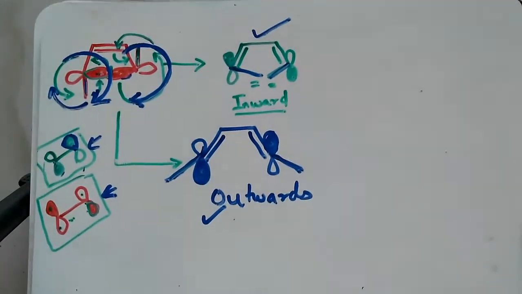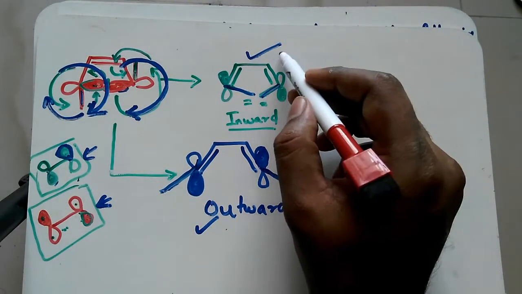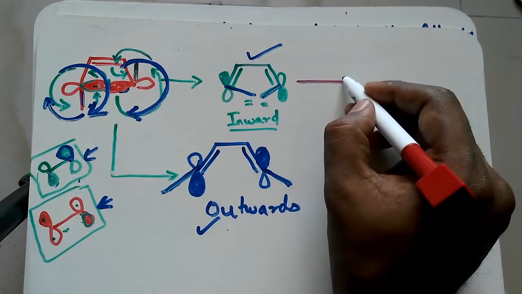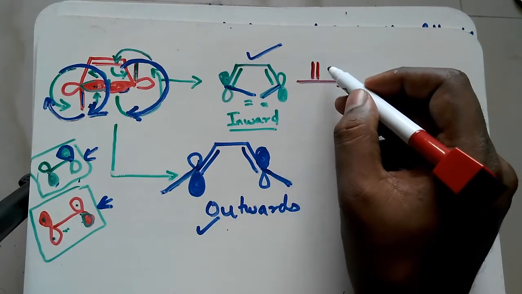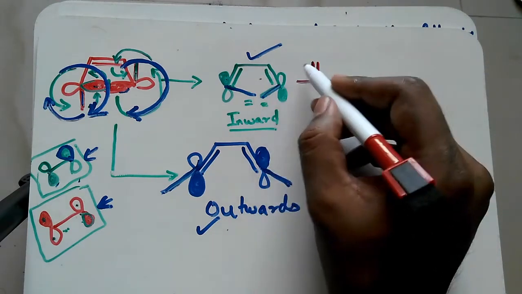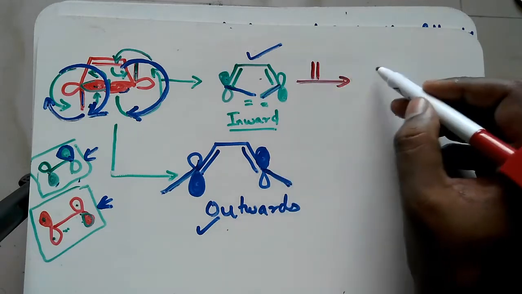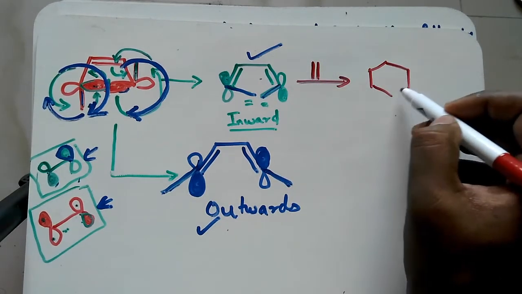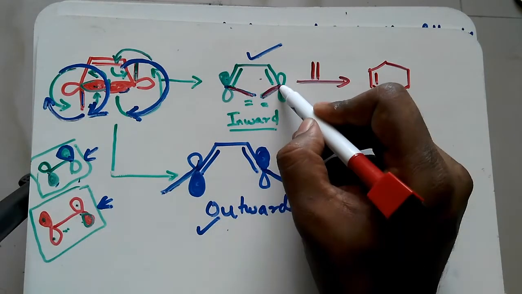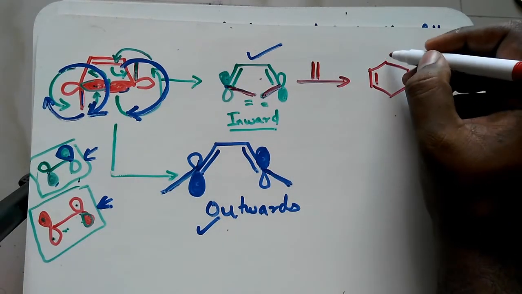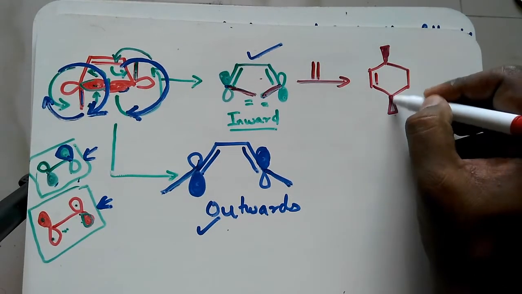Now let's get back to this board, and remember, whenever we have a diene and we have a dienophile, an alkene group, when it gives the Diels Alder reaction, I'm just taking it for reference purposes, always remember the inward group is always shown above the plane of the paper.